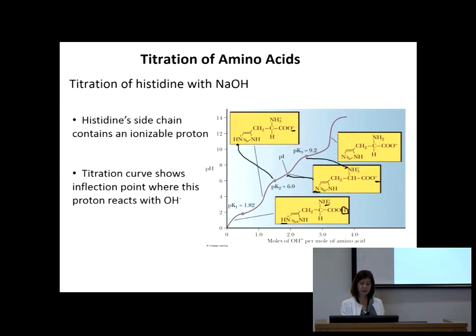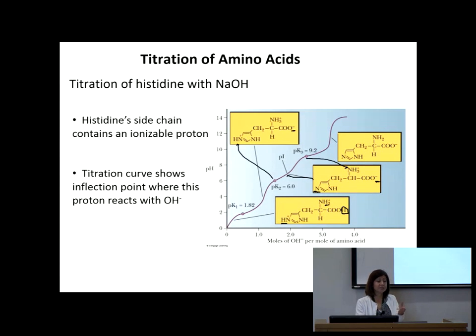So I want you to take a look at this in a more general form. You know what the pKs are for, and you just take a look at them individually. Okay? If you're at a pH below that value, then you're going to have the proton on that particular group, whatever it is, a side chain, an acid, or the amine group.